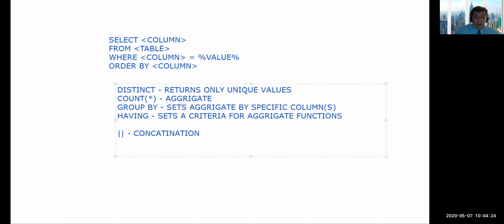You can technically use the plus sign, but a lot of developers don't like to use the plus sign because the plus sign is an aggregate function. They want to give a separate symbol for concatenation. So I'll show you how that works. Concatenation is when you join strings together.